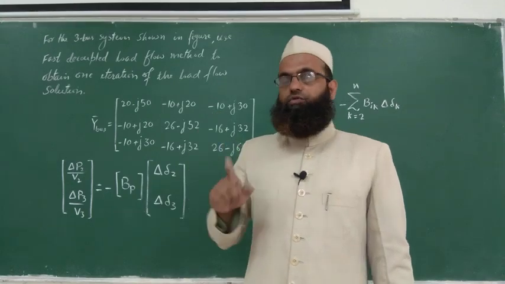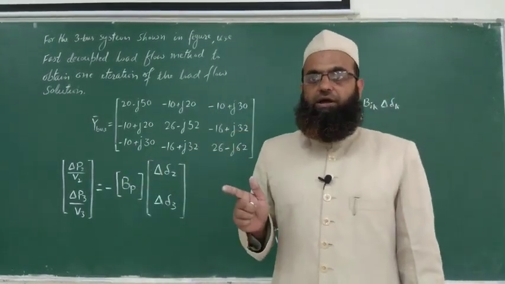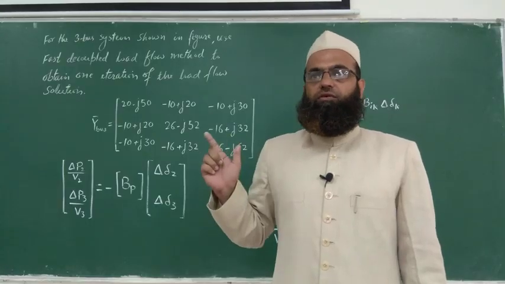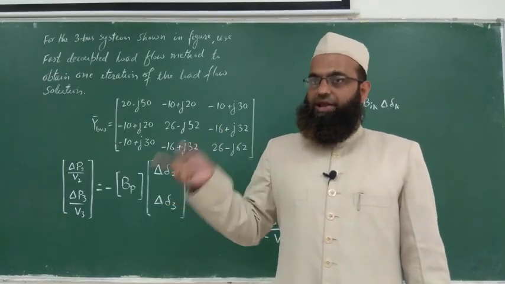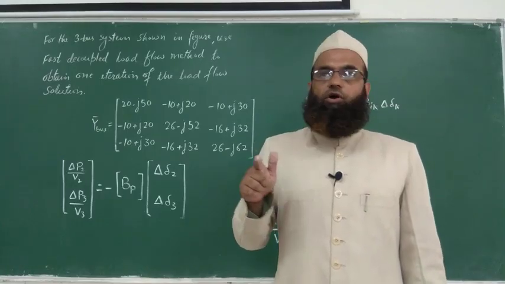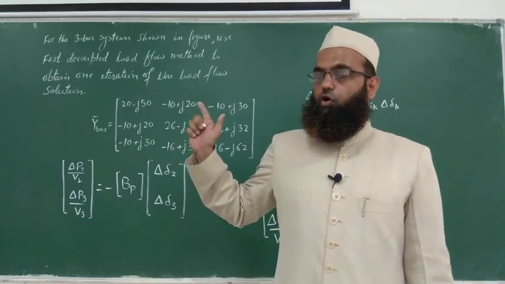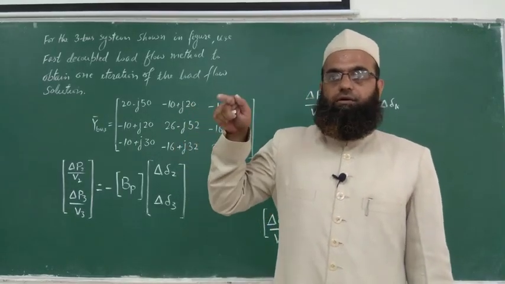Second thing, during this discussion of the fast decoupled load flow method, we have 3 assumptions. Out of these 3 assumptions, one assumption was to ignore conductances. Because of the highly inductive nature of the system, we had ignored G_ik.